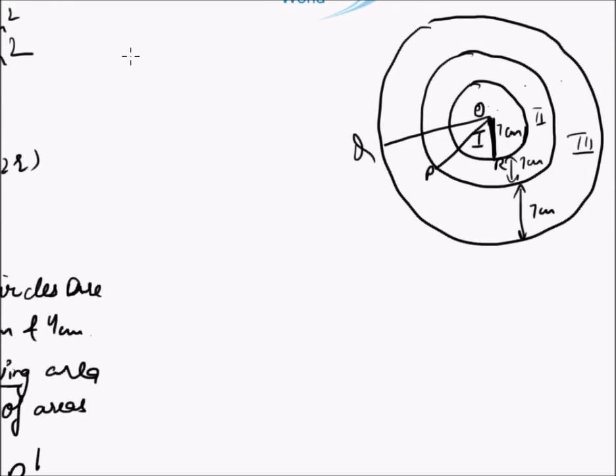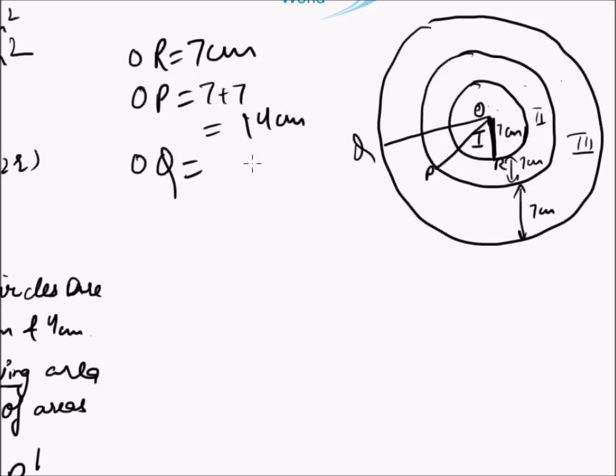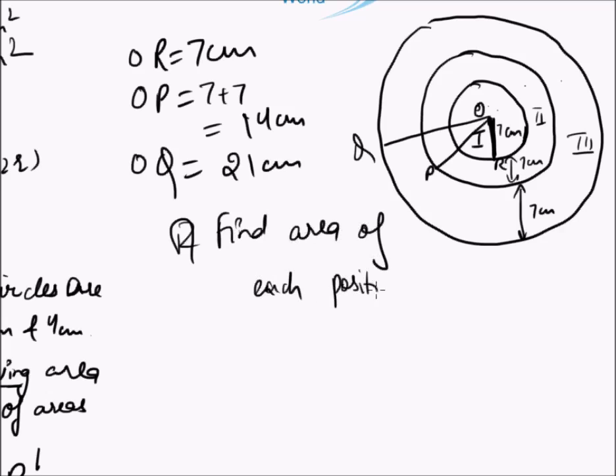So we have OR as 7 centimeter, OP as 7 plus 7, that is 14 centimeter, and OQ as 21 centimeter. The question says find the area of each position, that is, we have to find out the area for this first position, or this second position, or the third position. Let us first simply find the area of the first circle, second circle, and third circle.